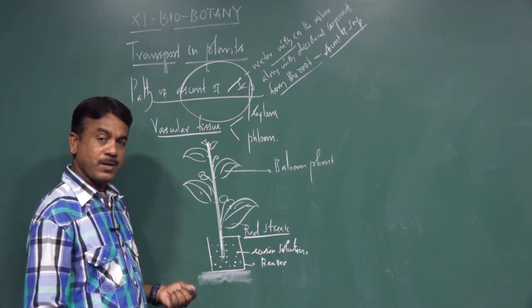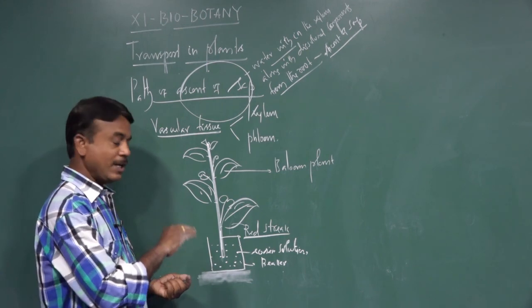After that, the balsam plant is removed from the eosin solution.